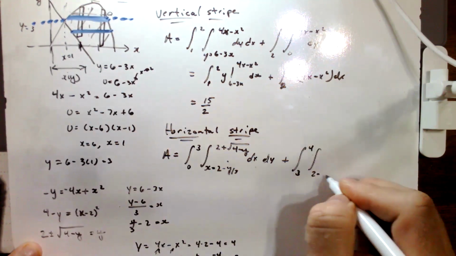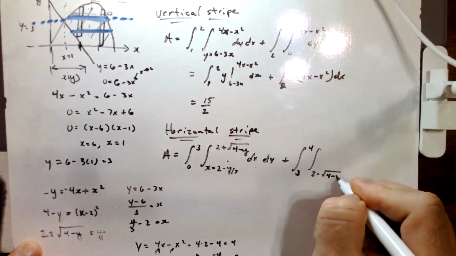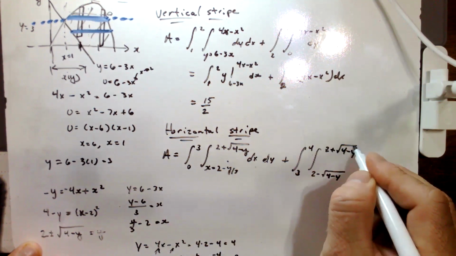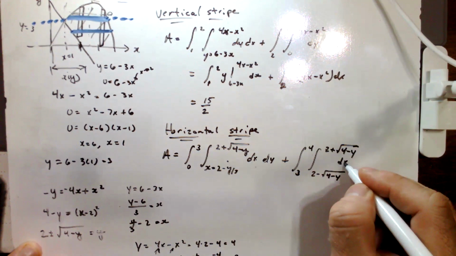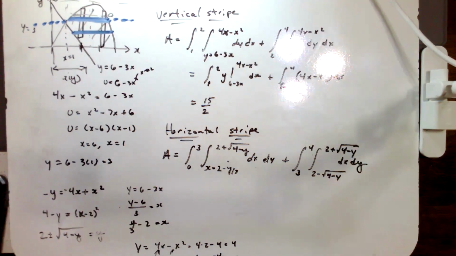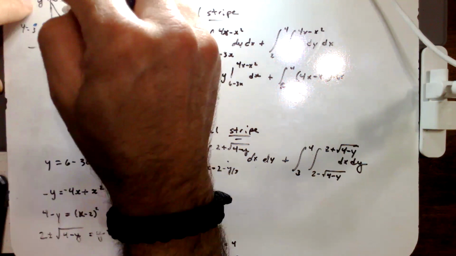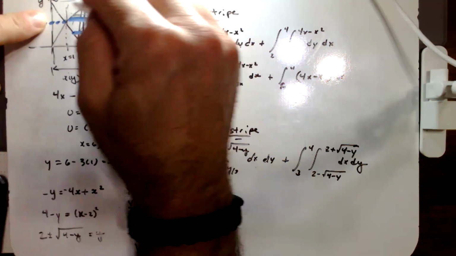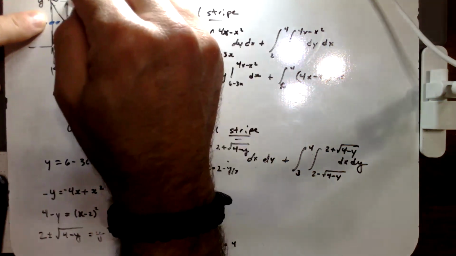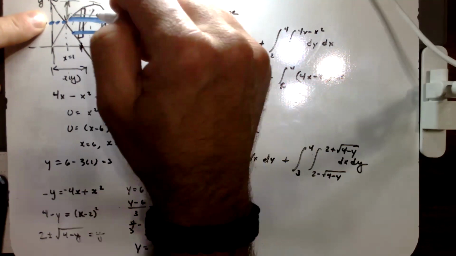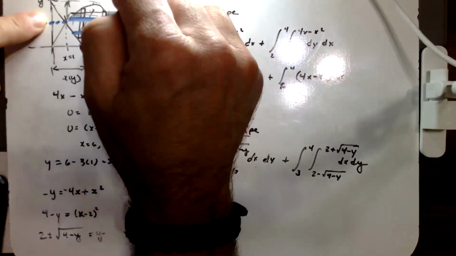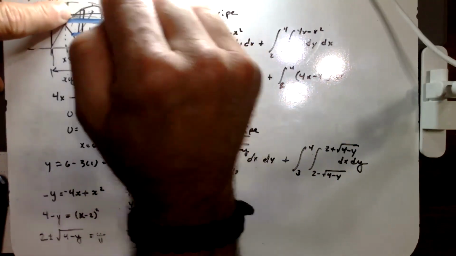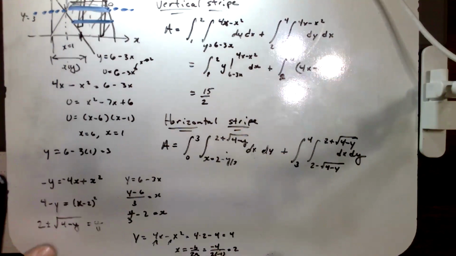So it's going to be 2 minus the square root of 4 minus y, and then this is going to be 2 plus the square root of 4 minus y, dx dy. So you can see here, from y equals 3 to y equals 4, this region, the horizontal stripe, we have the upper function minus the lower function for the limits of integration. So this is the upper curve and it's the lower curve of the vertex, which we saw down here.